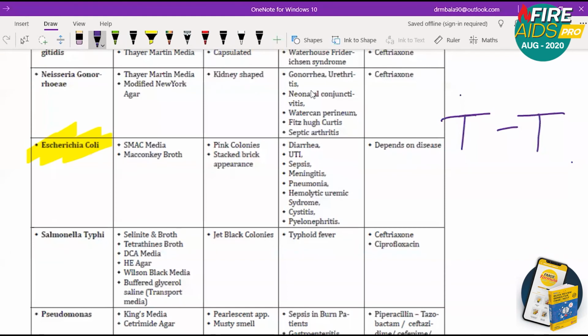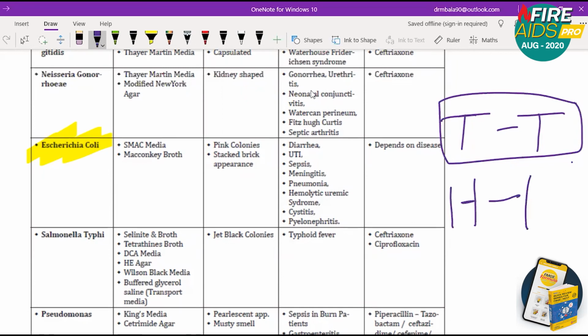This is where you must focus on your exam. Toxigenic, traveler's diarrhea. Then hemorrhagic type, that is going to cause hemolytic uremic syndrome. That is the second place you are going to focus.